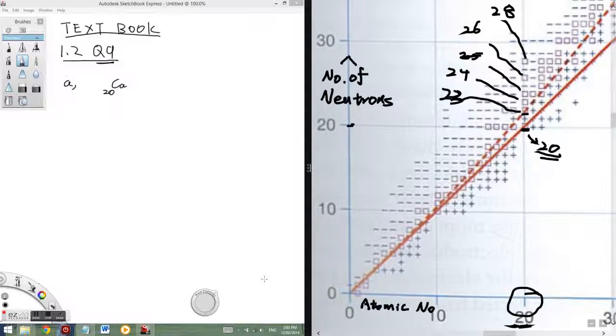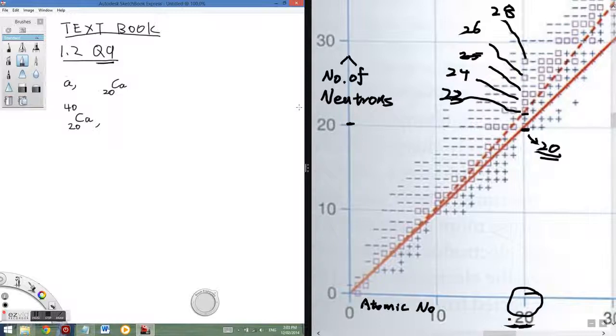Stable isotope number 1 has 20 neutrons. The atomic number is 20, and the mass number will be 20 protons plus 20 neutrons, which is 40.